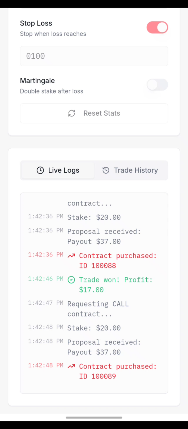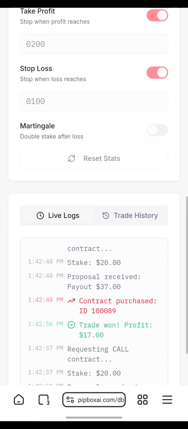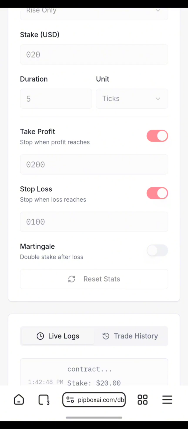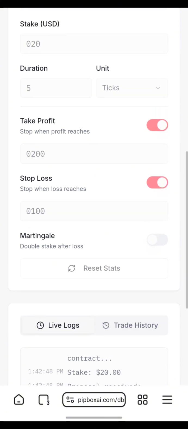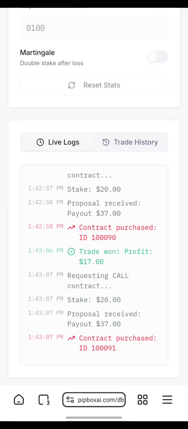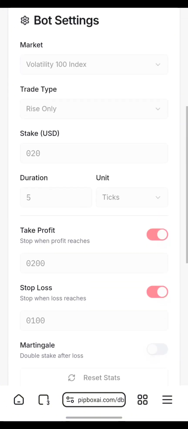So I hope you guys are seeing how I have done my setting and the kind of stake that I am using, because most of you always complain like, man, I'm going into losses. You're going into losses and your staking is bad.